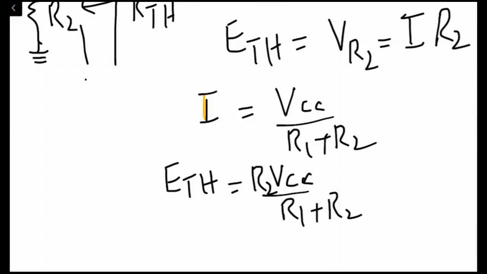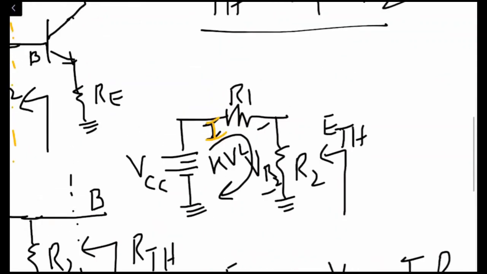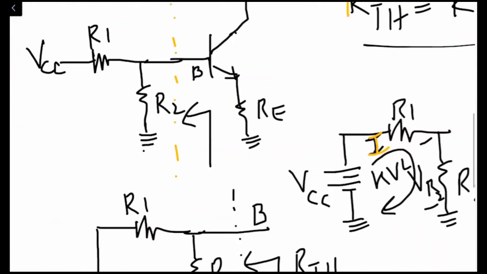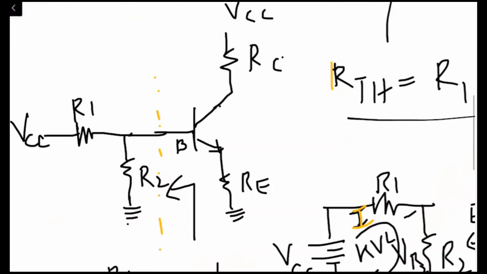So what we have achieved from this is the equivalent circuit for R1 and R2, right? And once we have achieved this, we can replace this inside our circuit, which is this one, right?